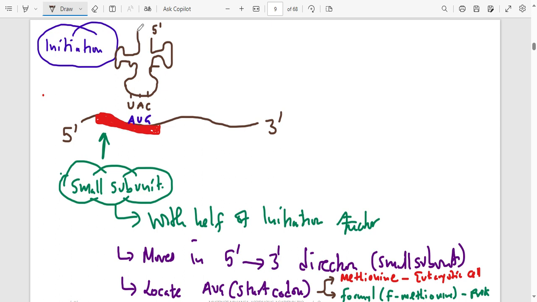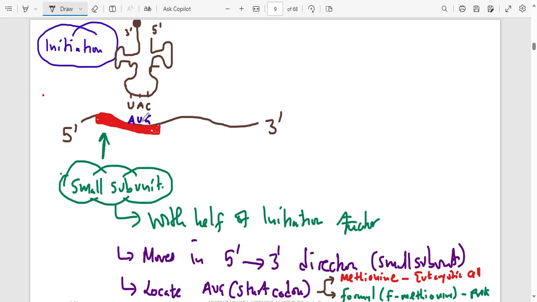And then remember, this side, this is the longer one, this is the 3 prime end. And here we have got the amino acid. What is the name of this amino acid? It is either methionine or formylmethionine, depending on what type of cell we are talking about. Please take note, you have got the codon and the anticodon.